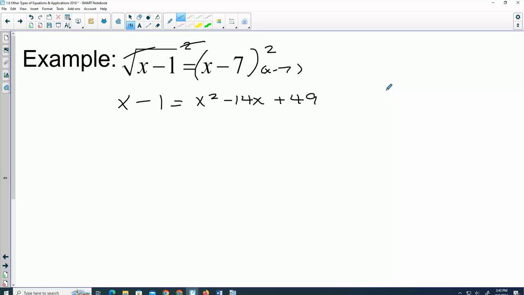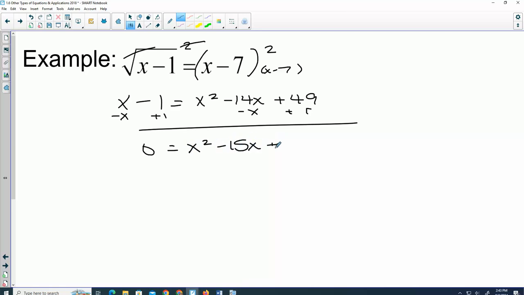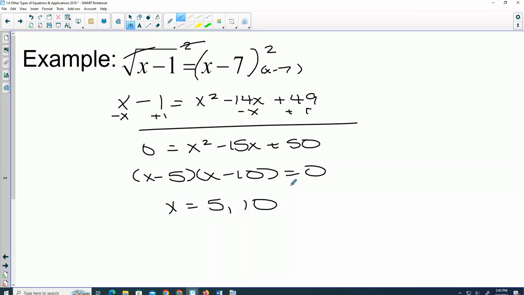All right, now what would we do? Yes, you always want your quadratics to be equal to 0. So let's subtract our x and add our 1. That's x squared minus 15x plus 50. What multiplies to positive 50 and adds to negative 15? So x is 5, 10.